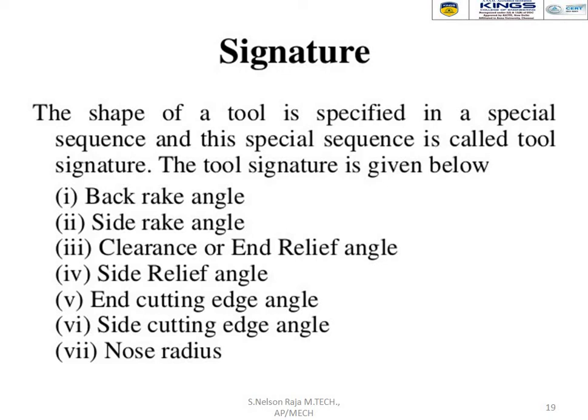The first is the back rake angle, second the side rake angle, third the clearance or end relief angle, fourth the side relief angle, fifth the end cutting edge angle, sixth the side cutting edge angle, and the seventh and last, the nose radius. So these are the seven elements of a single point cutting tool signature.